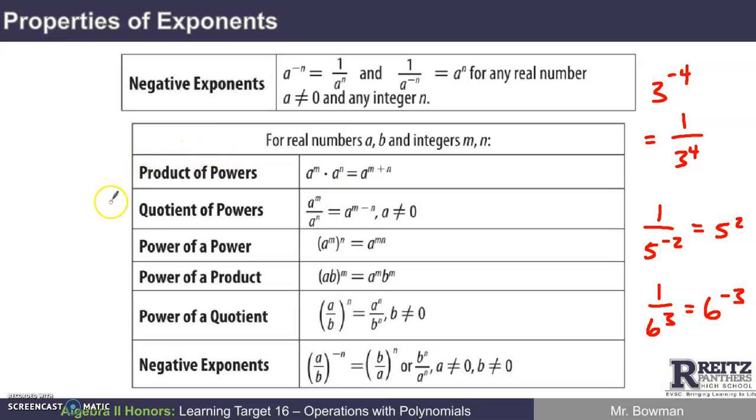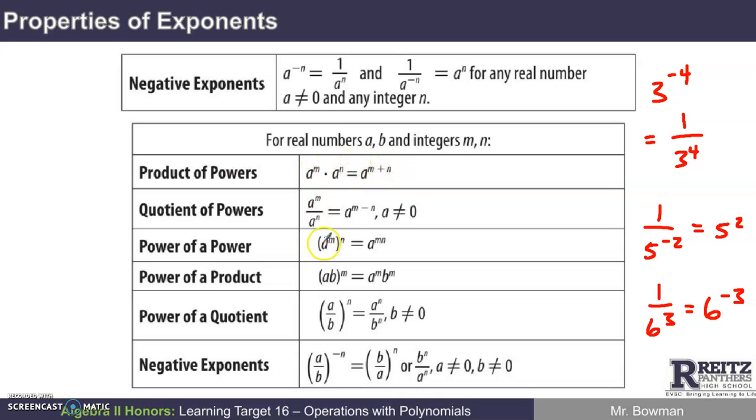Now these other properties here all depend on this definition. For a and b that are real numbers and integers m and n, consider the product of two powers that have the same base. If you have a to the mth power times a to the nth power, the way to simplify that is to simply write it as a to the m plus n.